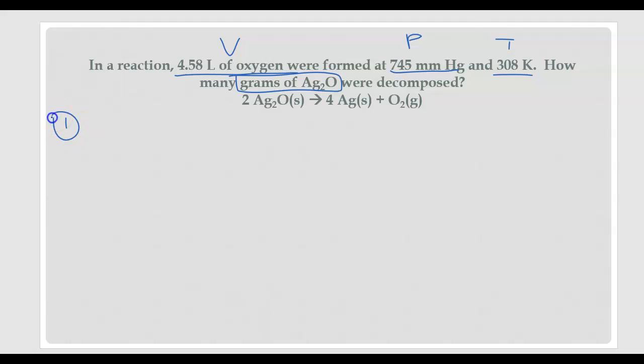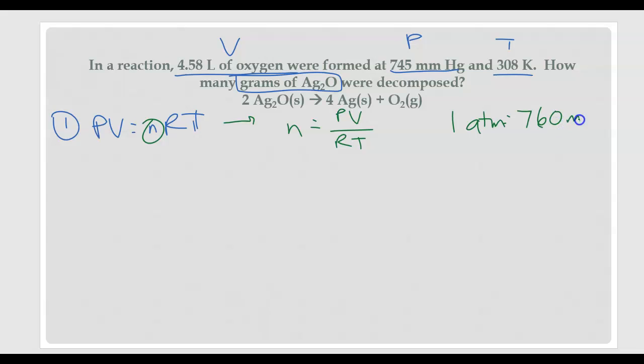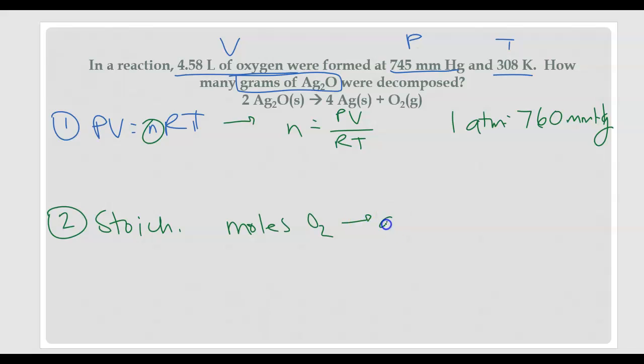So we're going to start with PV = nRT and solve for n. You'll need this conversion. After you've solved for n, then go ahead and do stoichiometry to go from moles of oxygen to grams of silver oxide. So go ahead and give it a try.